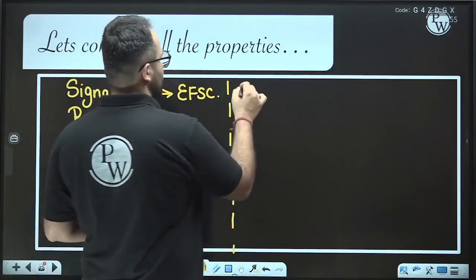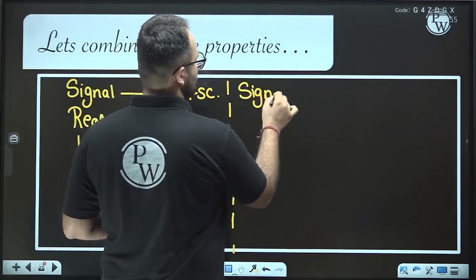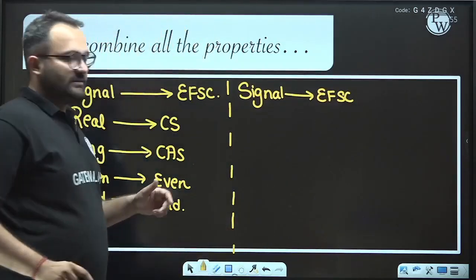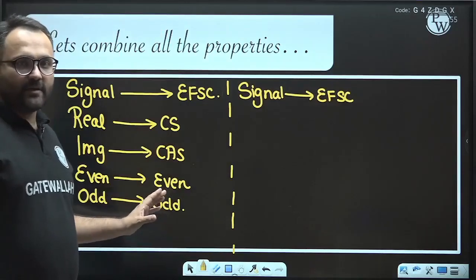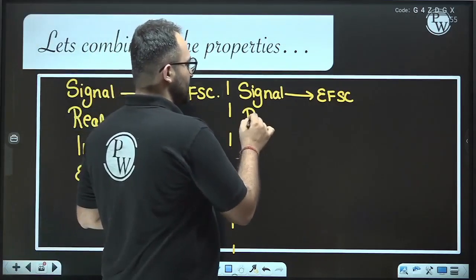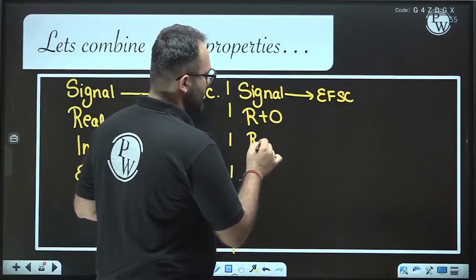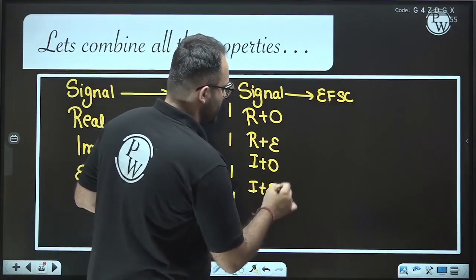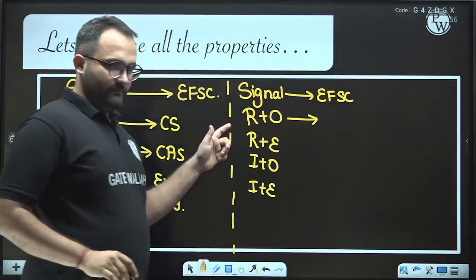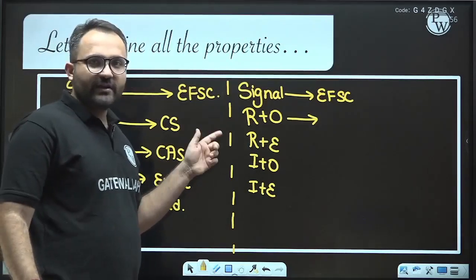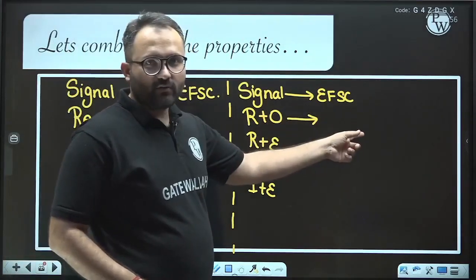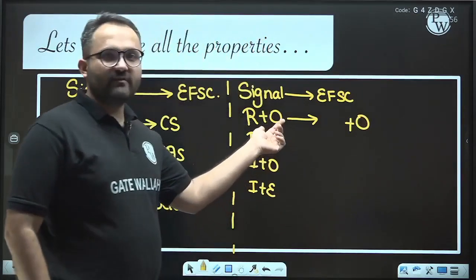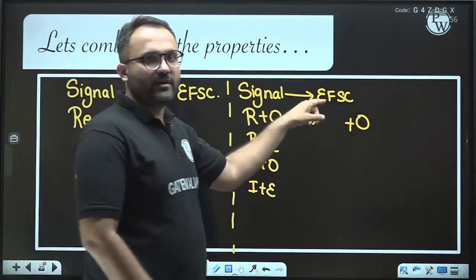Now, second, signal and Fourier series coefficient. These four properties come from combining the earlier properties: real and odd, real and even, imaginary and odd, imaginary and even. If the signal is real and odd, odd will always give us an odd exponential Fourier series, and whenever odd is there, it will change the format, so real will convert into imaginary.